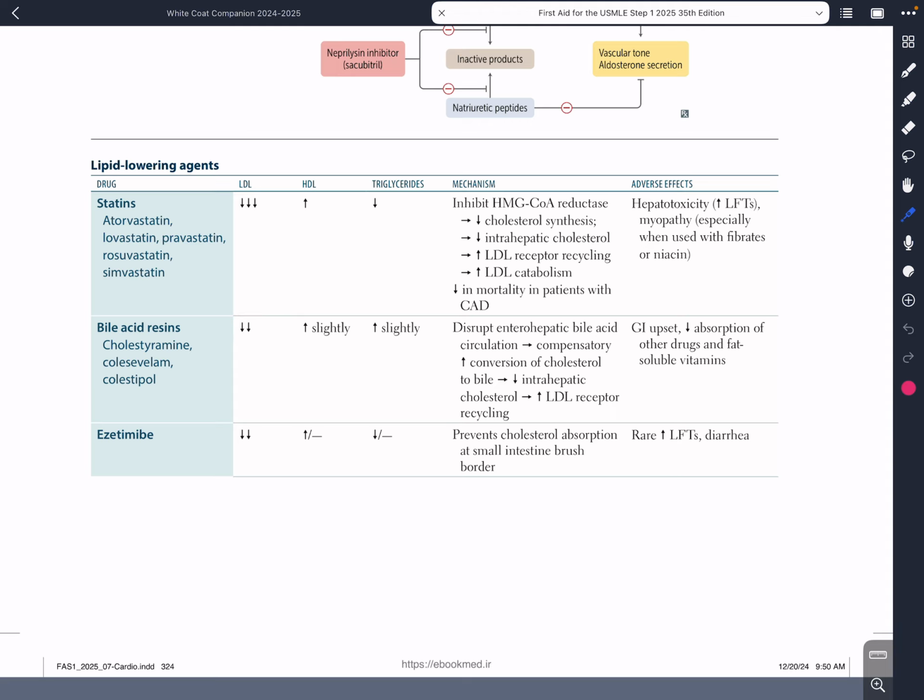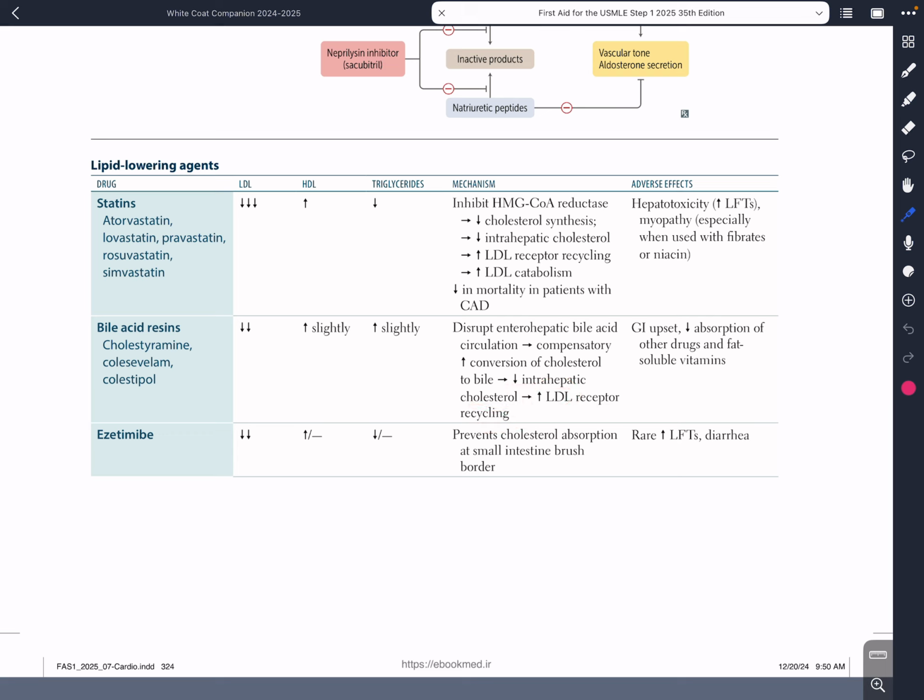The mechanism of action of bile acid resins is that they disrupt enterohepatic bile acid circulation. Disrupting it causes a compensatory increase in conversion of cholesterol to bile, decreases intrahepatic cholesterol, and increases LDL receptor recycling.